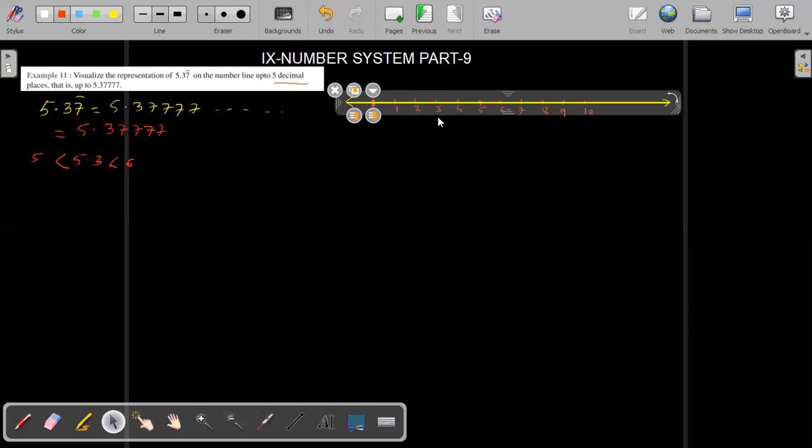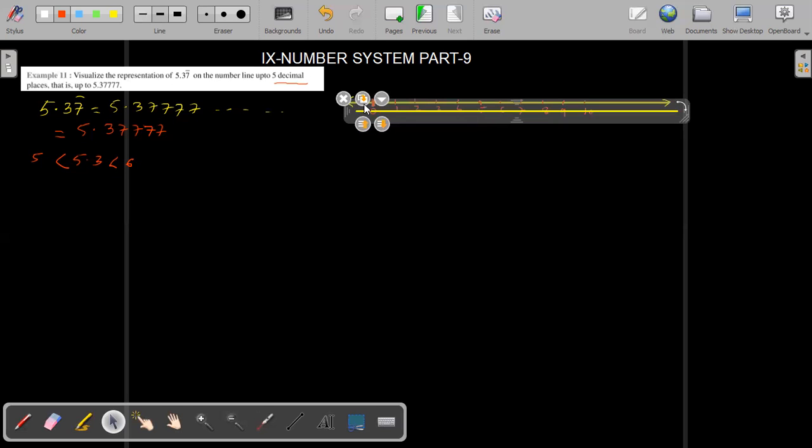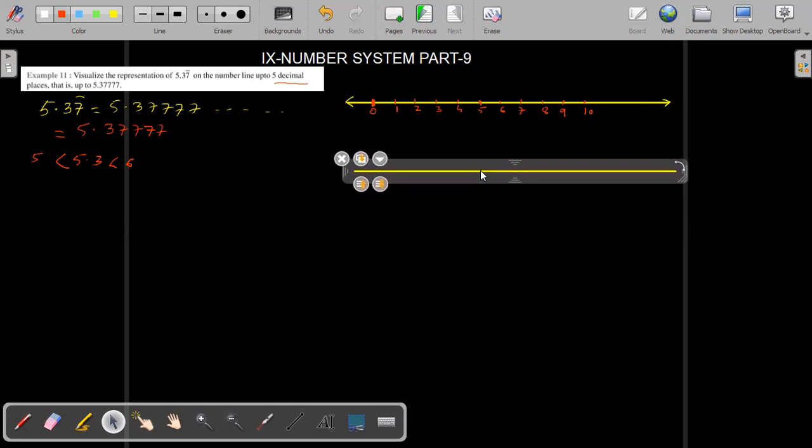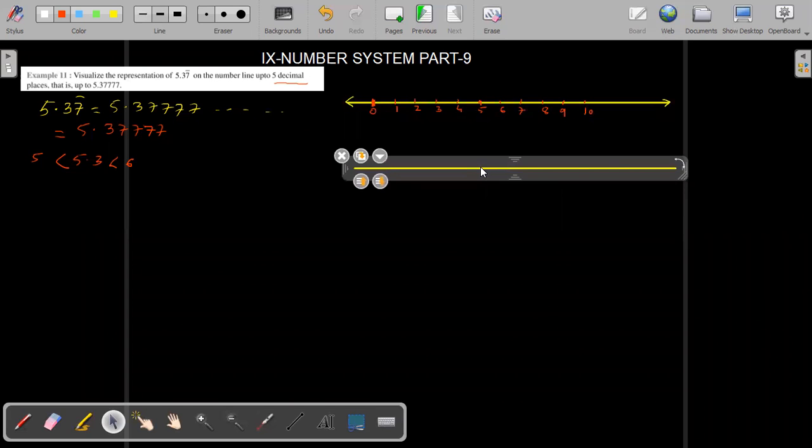One more line we actually need. We will need more lines here, and the parts should be the same, but again we have to draw the 10 parts. I was trying to get all as it is, but these numbers are not coming here.